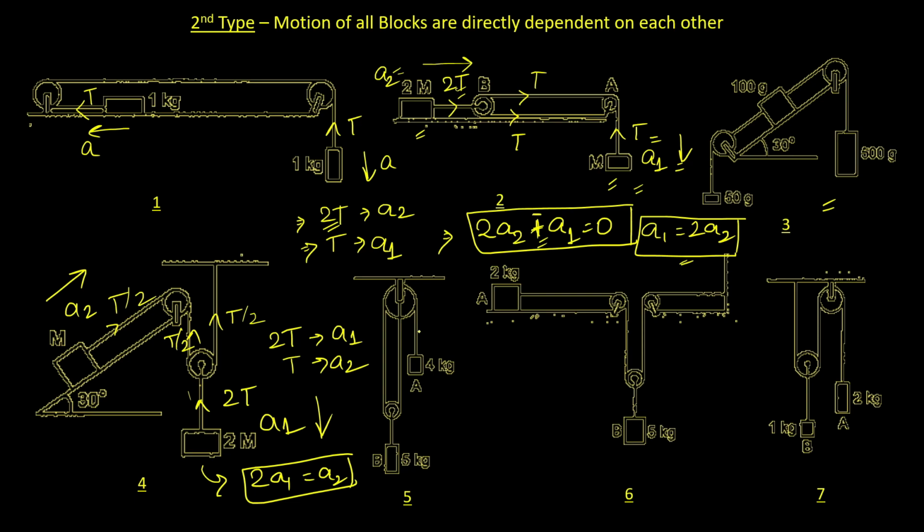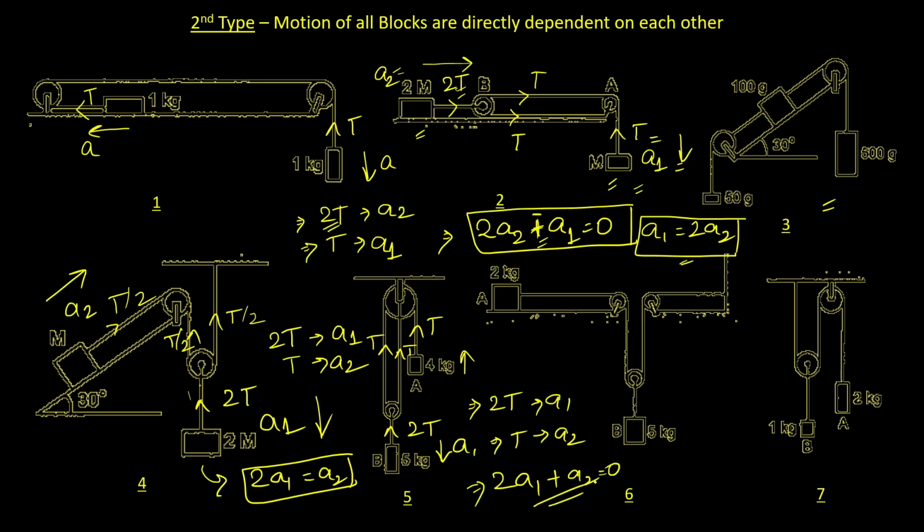For this case, again this is T, this is T, this is T. So this is 2T. For 2T, I am letting this as A1, and for T, I am letting this as A2. So that is again 2A1 plus A2 is equal to 0, or just 2A1 is equal to A2.